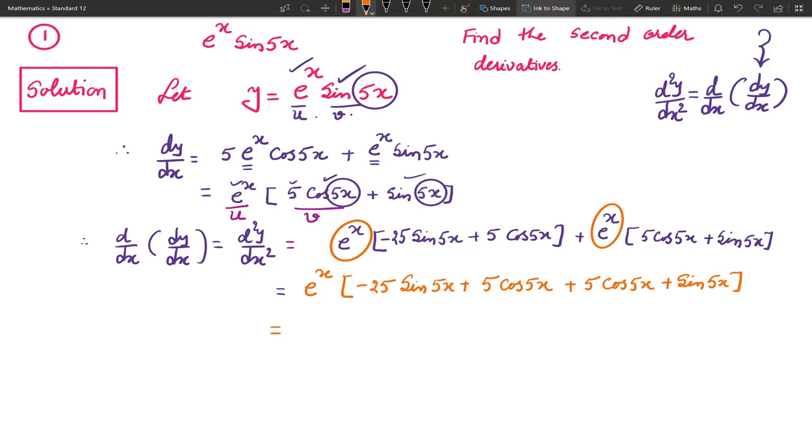So now the final simplification is e raised to x into bracket: minus 25 sine 5x plus sine 5x, so this is minus 24 sine 5x, and this is plus 10 cos 5x.